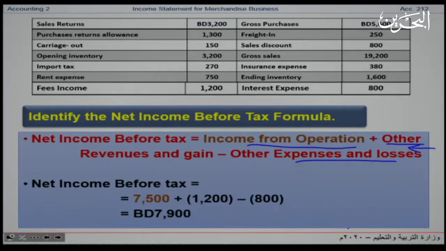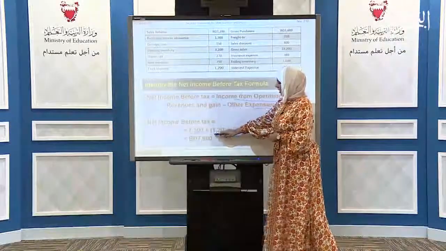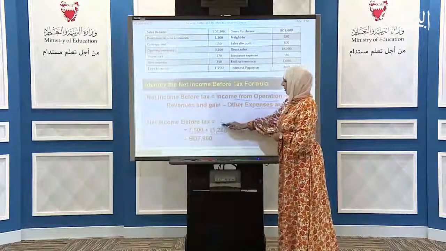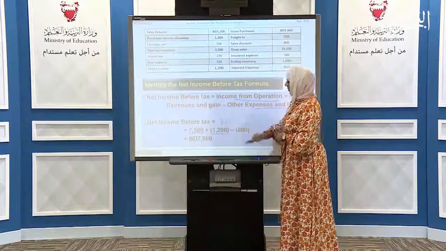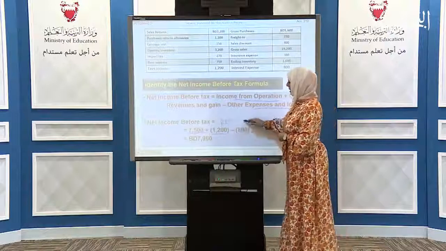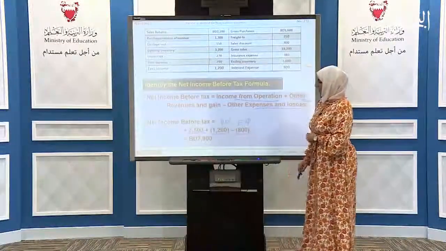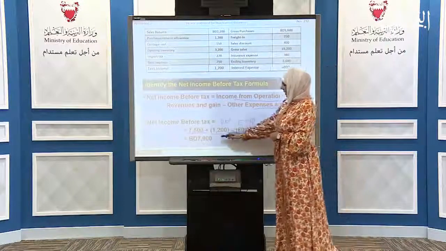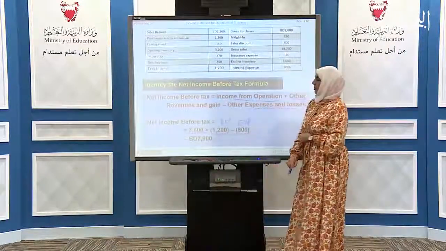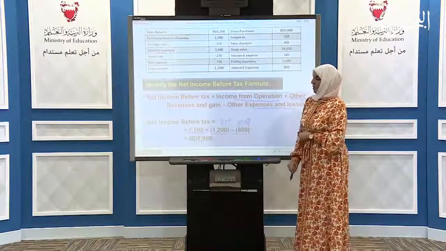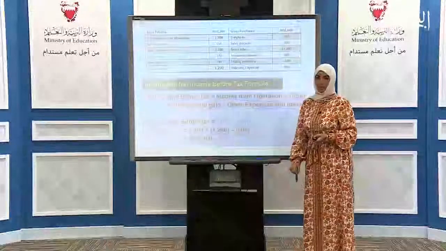I have income from operation with a figure of 7,500. I add to it 1,200 as a revenue for Abdullah Company, and subtract the expense that Abdullah Company has, with a number of 800. And finally, I get the net income before tax for Abdullah Company.